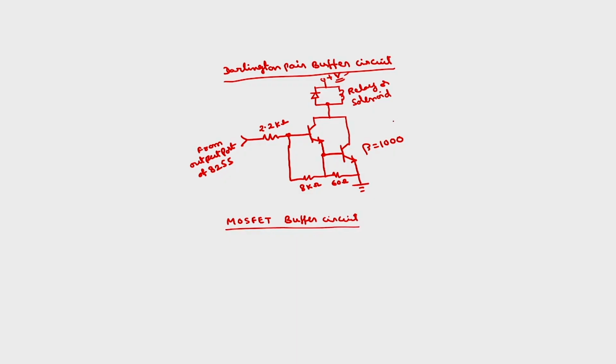Using this, the current can go up to some 4 amps. The MOSFET circuit will be, we will take from this output port to the gate of the MOSFET.